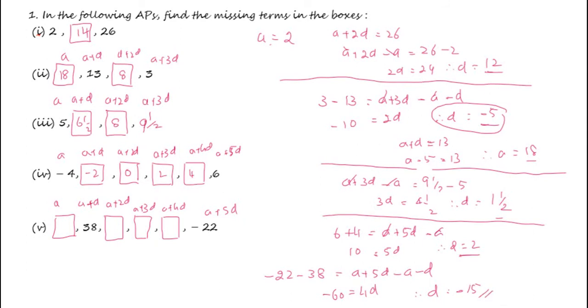So you have 38 minus minus 15, so this is 53. Then 38 plus minus 15, that is 23, plus minus 15, that is 8, minus 7. So these are the missing terms.